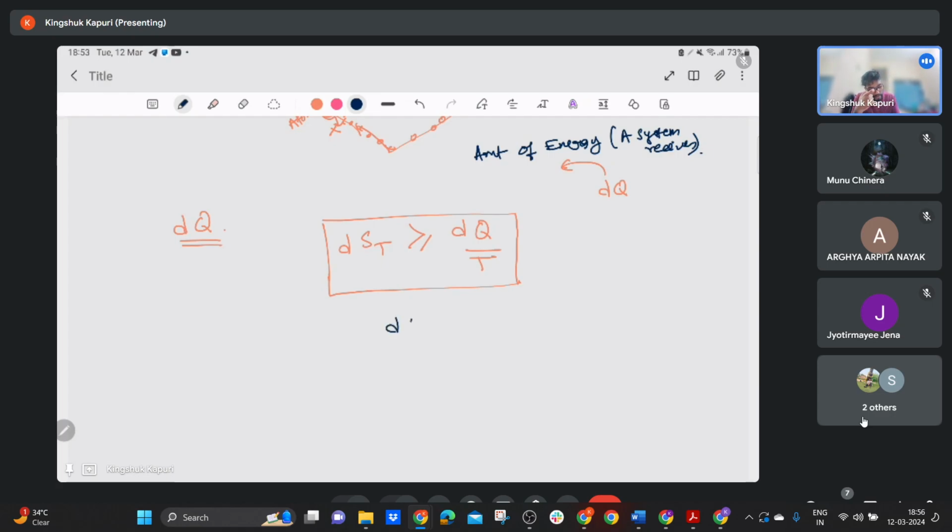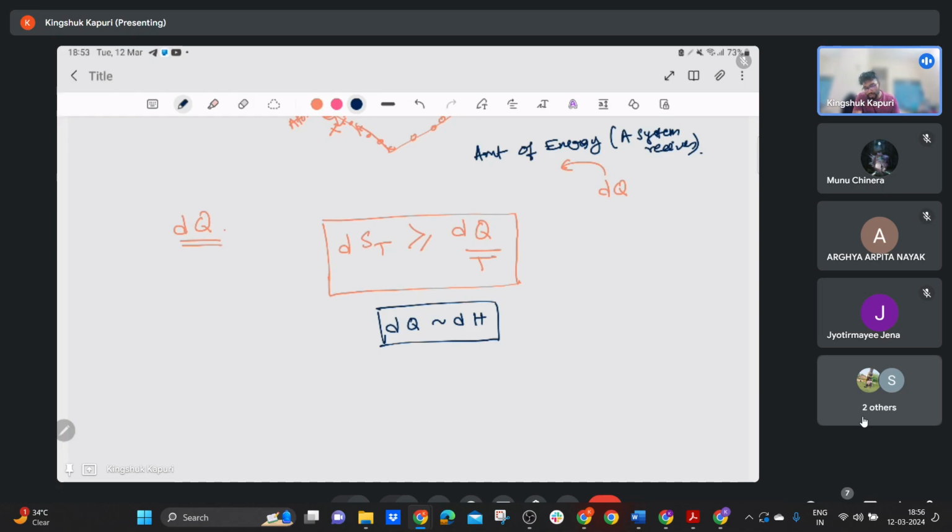So when a system receives a dq amount of energy, it is equated to dH, that is the enthalpy of the system, right?